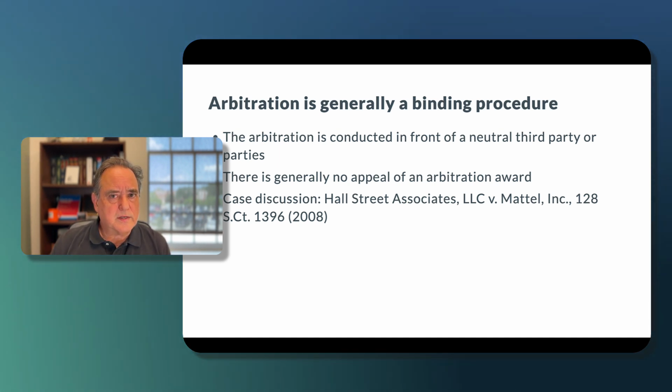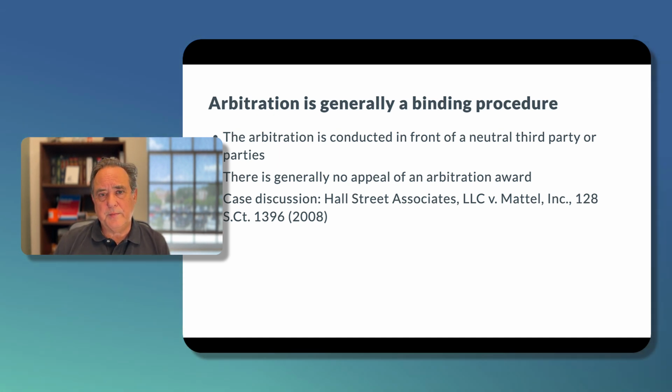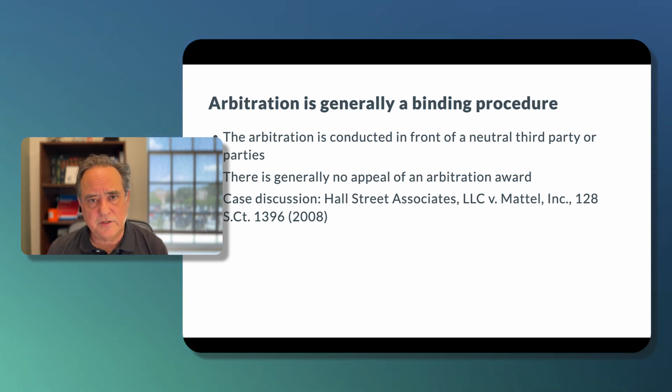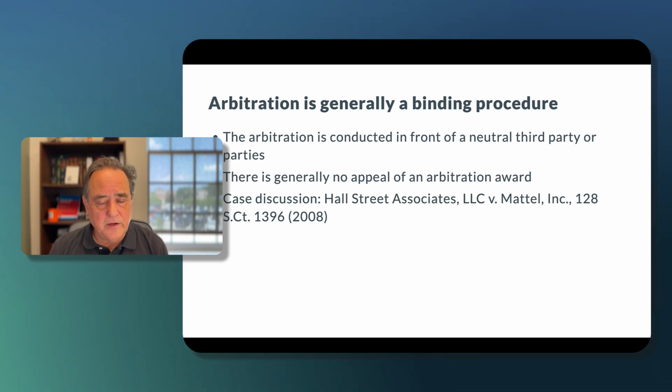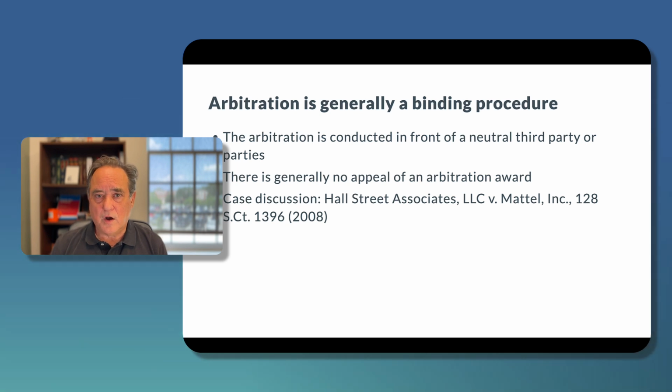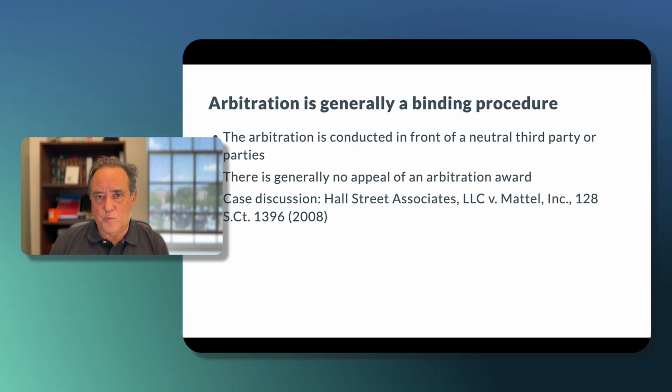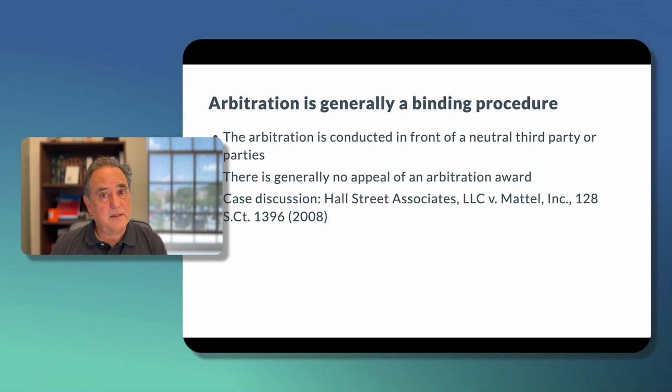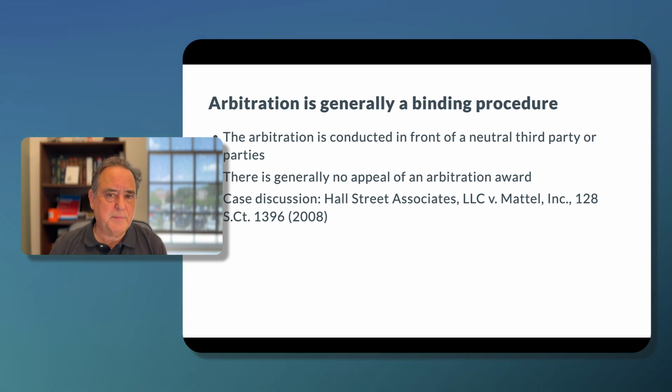The Supreme Court disagreed with that notion. The Supreme Court did not want the federal court system to turn into an appeals court for arbitrations. And so the rules of the FAA say arbitration is binding. So even if the parties agree that it should not be binding, it will be binding.